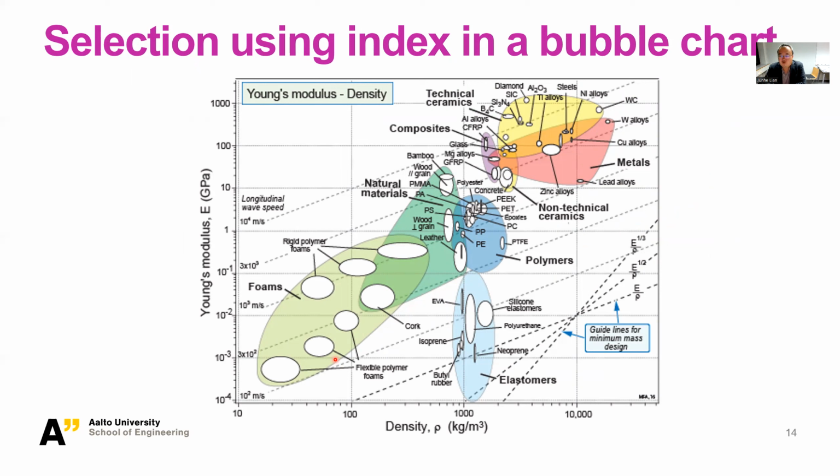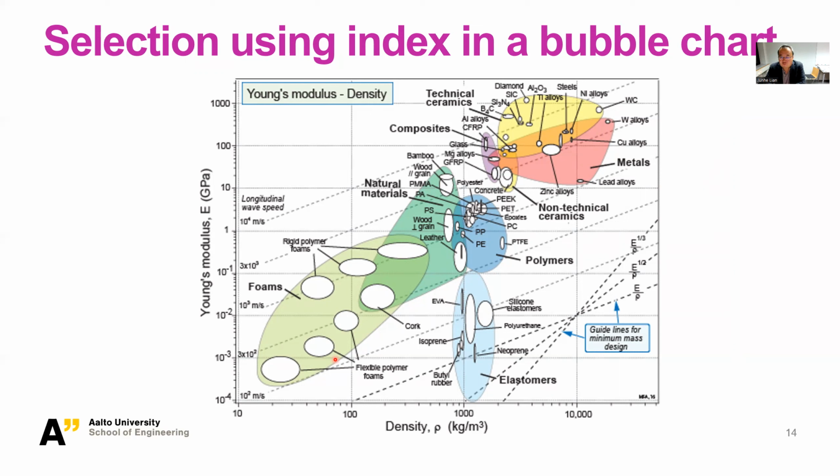And here I'm showing you another way to do it. That one was by software, and you are going to do it also by software. But actually, you can also do this with a printed-out chart of this bubble chart.